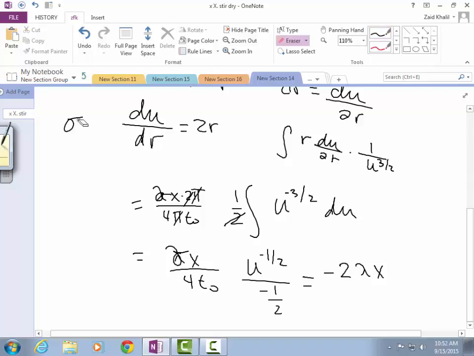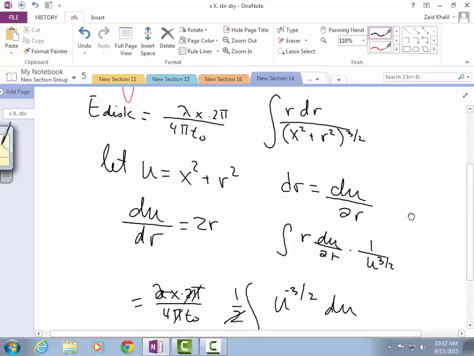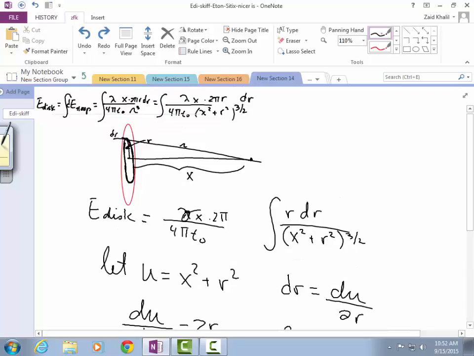Because it's a disk, it's a surface. So sigma and sigma. There you go. Even in the final answer, it's all going to be in terms of sigma.